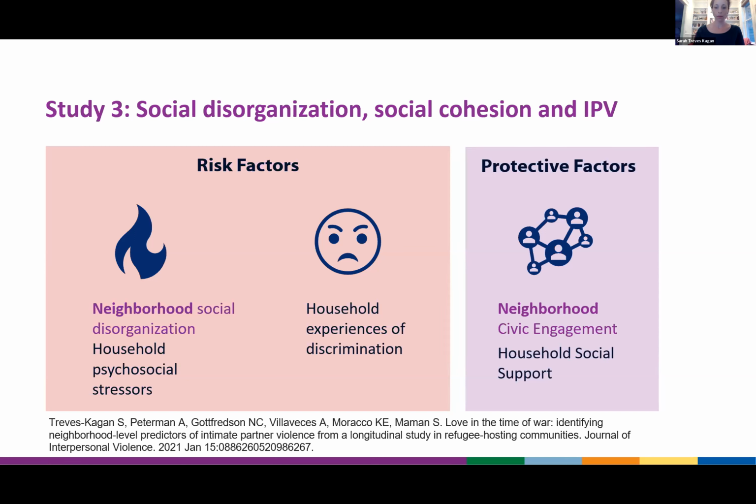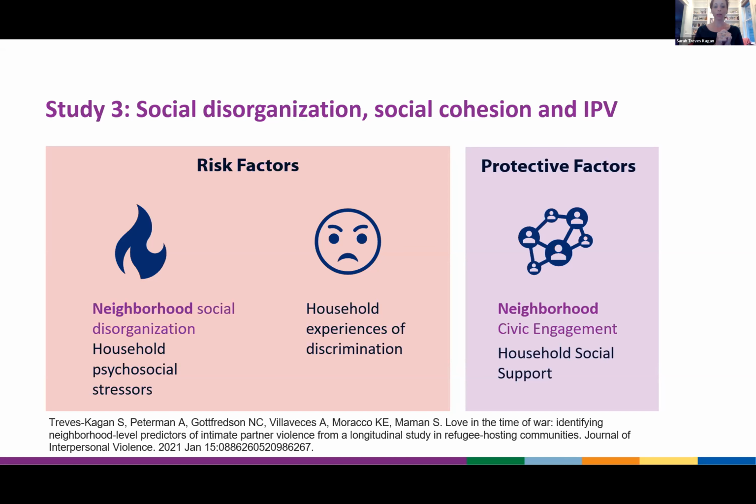So we conducted a multi-level mediation analysis and found that women living in a neighborhood with higher social disorganization were more likely to experience intimate partner violence than those living in neighborhoods with lower social disorganization.